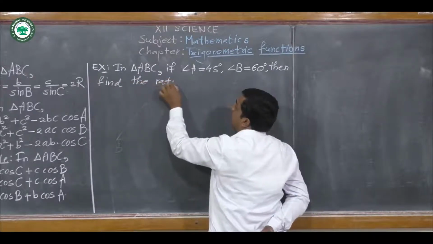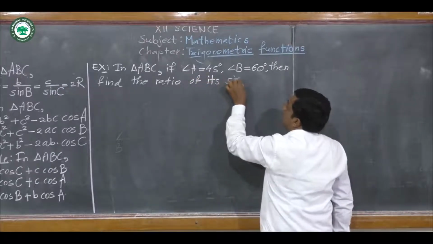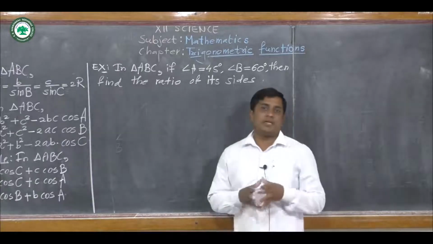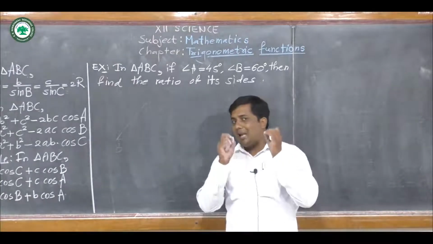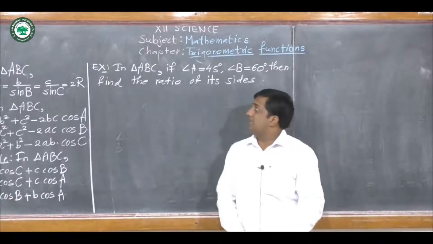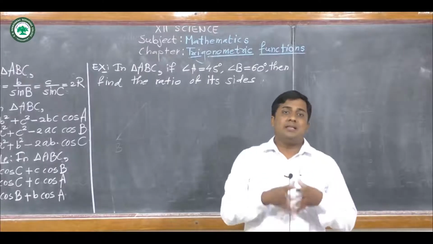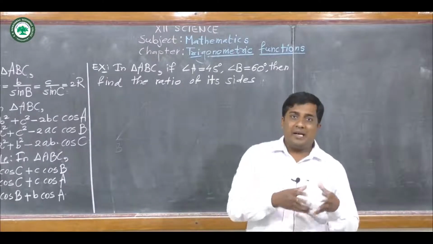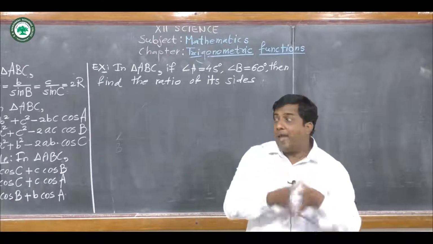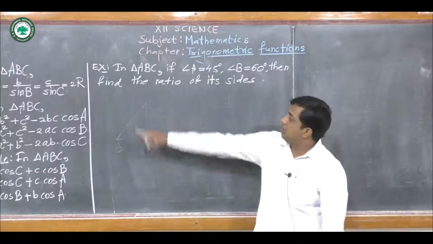We have to find the ratio of its sides, which means we first consider the lengths of the sides. In triangle ABC, we consider the lengths of the sides as a, b and c. We have to find the ratio between a, b and c. So we find this ratio by using our sine rule.